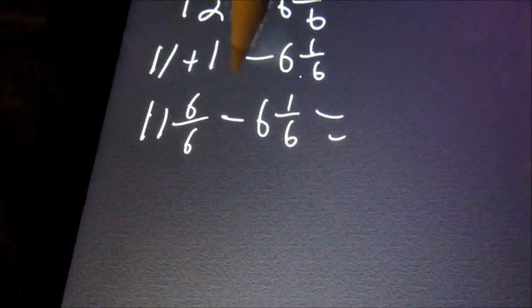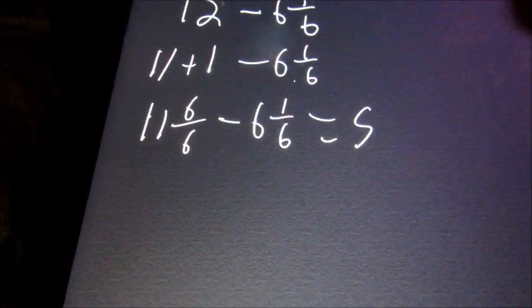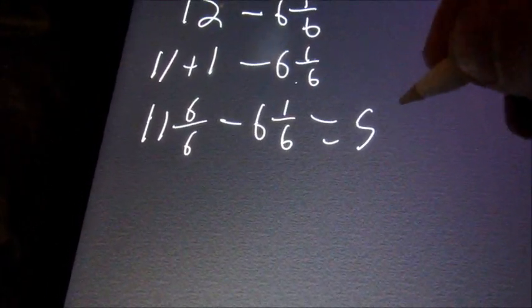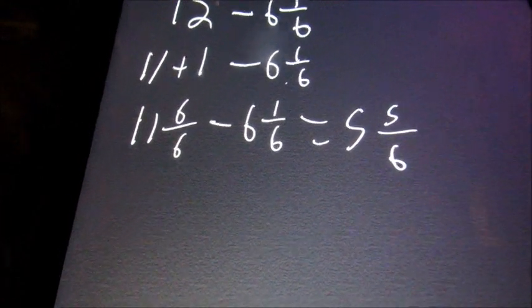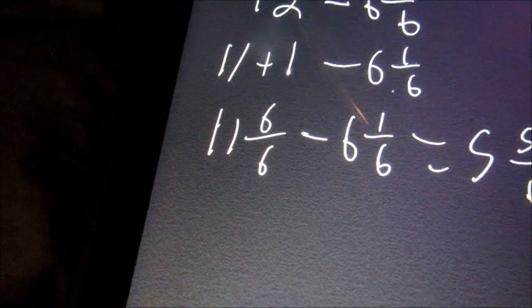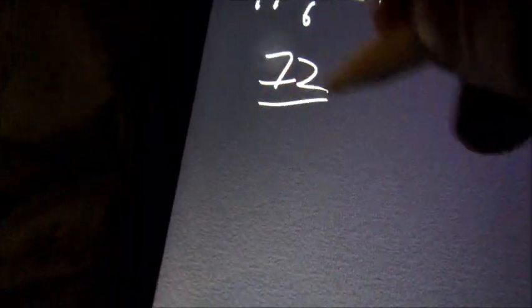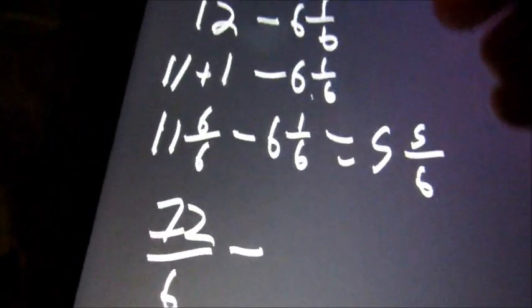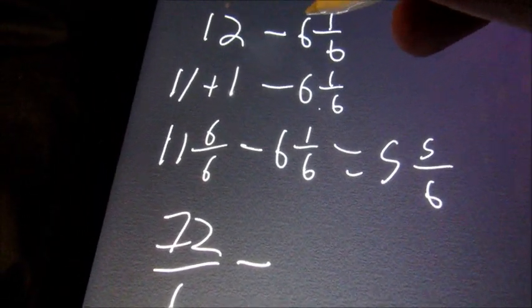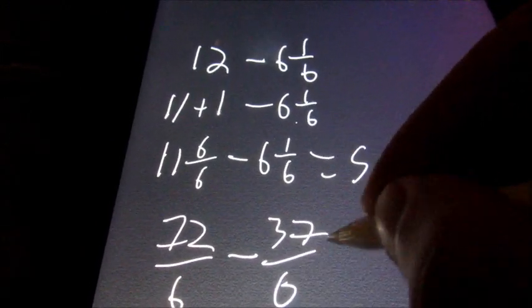So now what I'm going to have is 11 minus 6, which is 5, and then 6 minus 1, which is 5, and it's over 6. Or, if I want to do it that other way, 12 multiplied by 6 is 72, and that would be over 6, minus 6 times 6 is 36, plus 1 is 37 over 6.